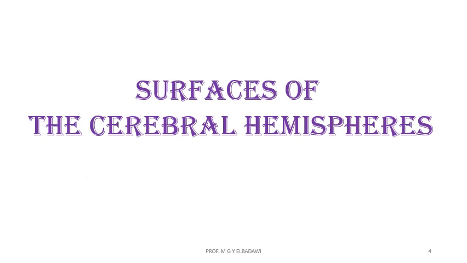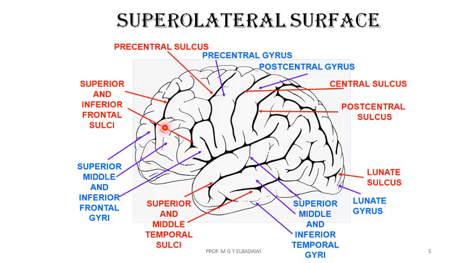Now, the surfaces of the cerebral hemispheres. Start with the superolateral surface. We have 3 surfaces: a superolateral, a medial, and inferior surface.